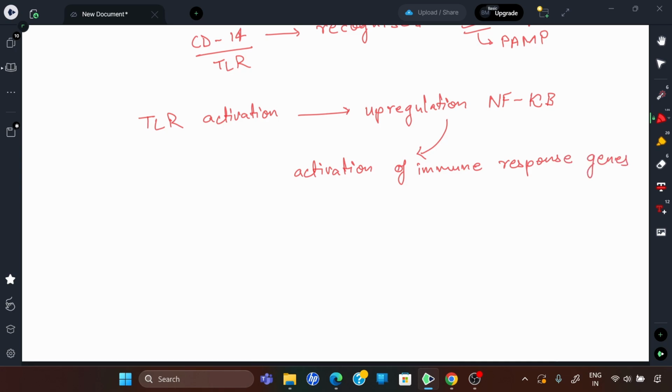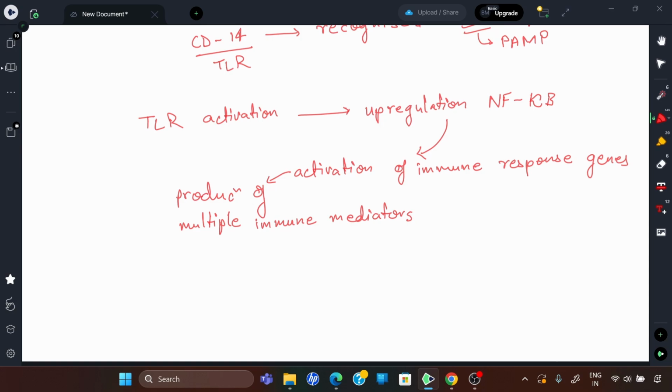And as the immune response genes are activated, there is production of multiple immune mediators, right? And these multiple immune mediators will further enhance the inflammatory response. So this is how TLR activation helps us.